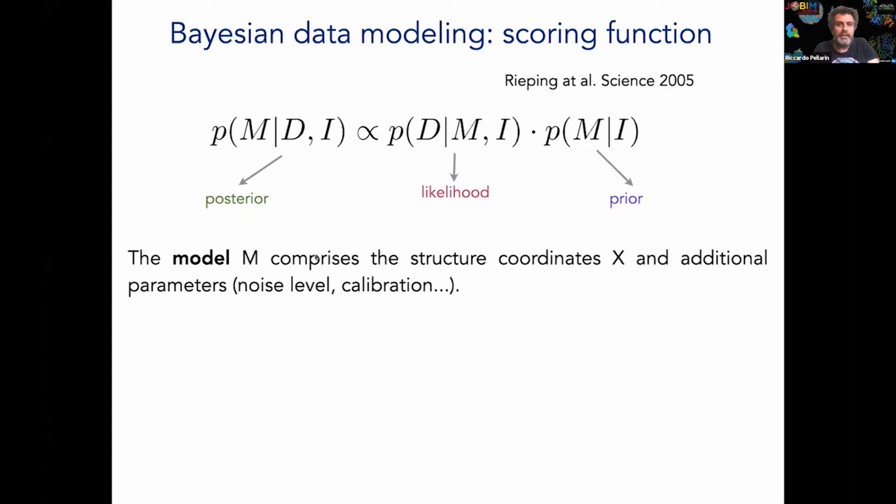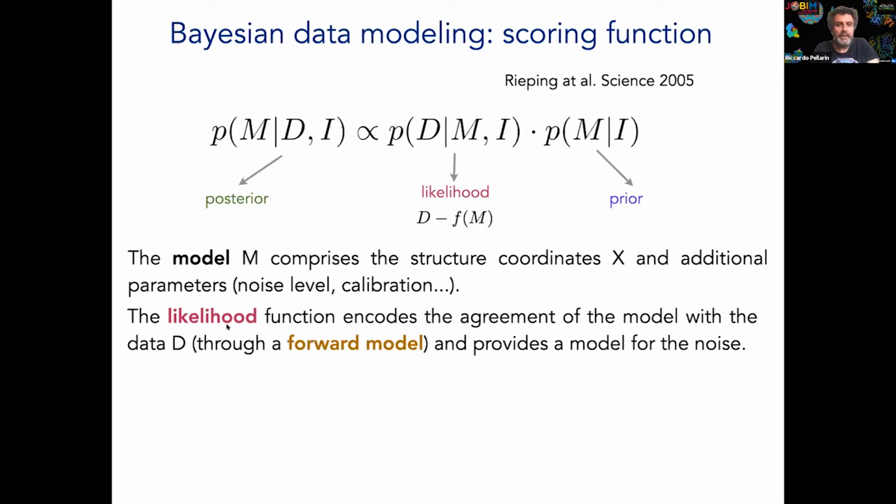A model here comprises a structure of the coordinates, but also other additional parameters which are necessarily included when you define the Bayesian likelihood, for instance. And the likelihood is a function that encodes the agreement of the model with the input data, through another function which has to be built up, which is the forward model.